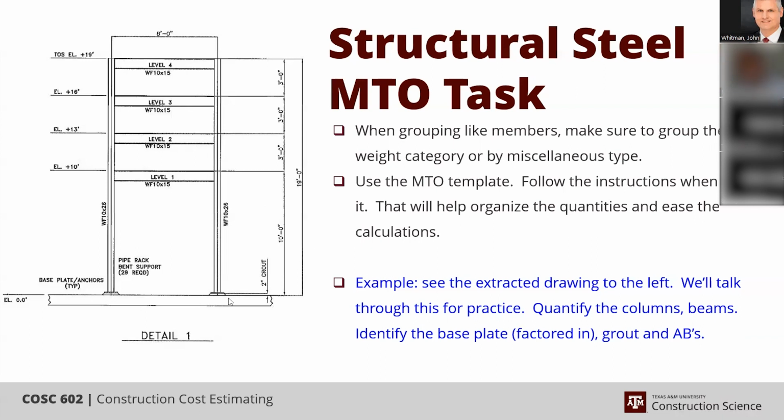This is also a very good time to quantify your grout. Even though grout typically falls inside your concrete code of account, and I won't say all companies put it there, many companies do, this is still the best time to take it off, because you're looking at where it's needed and you can account for it.